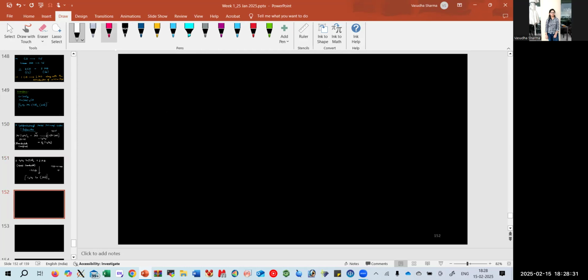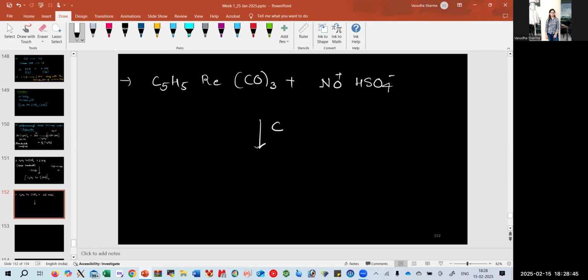Moving ahead, another example is when we are treating a rhenium complex having 3 carbonyl groups with NO positive and HSO4 negative in DCM. We are going to replace a CO with NO, since 1 NO positive is 2 electrons, it would replace 1 CO ligand.